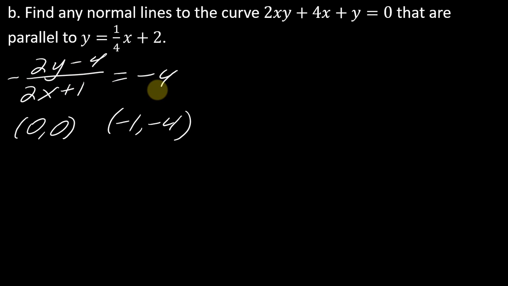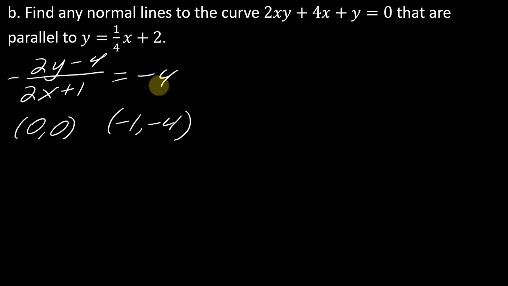This is what we wanted the slope of our tangent line to be. Then by playing this off of this equation up here, we found that these 2 points will be true in both equations at the same time. So these are the 2 points where the tangent line will have a slope of -4. And now I can move on to finding my normal line.